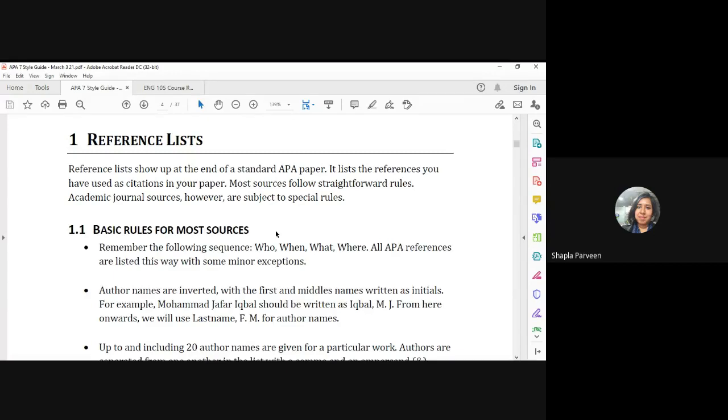The 6th edition in your book started with in-text citation, then referencing. Anyway, the reference list is, as I said, more detailed and a little more complicated, but you still need to apply the rules. Okay, any questions?